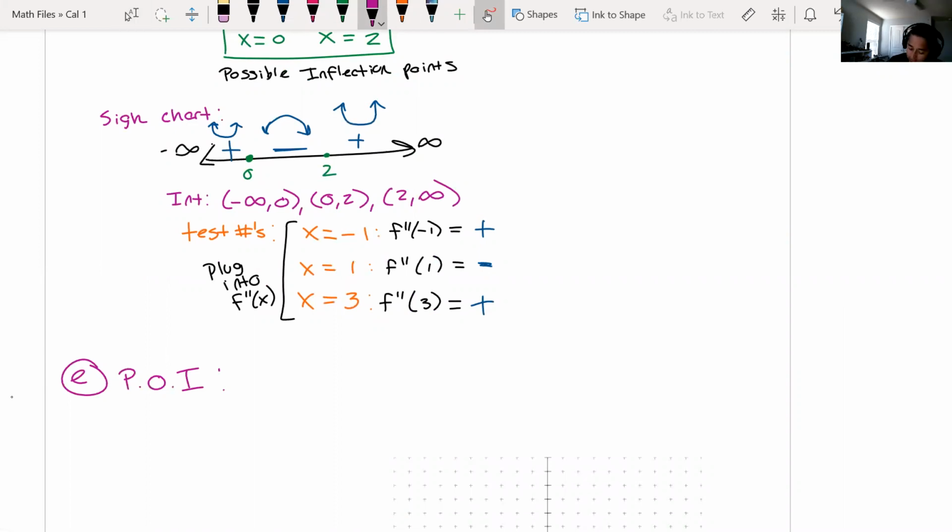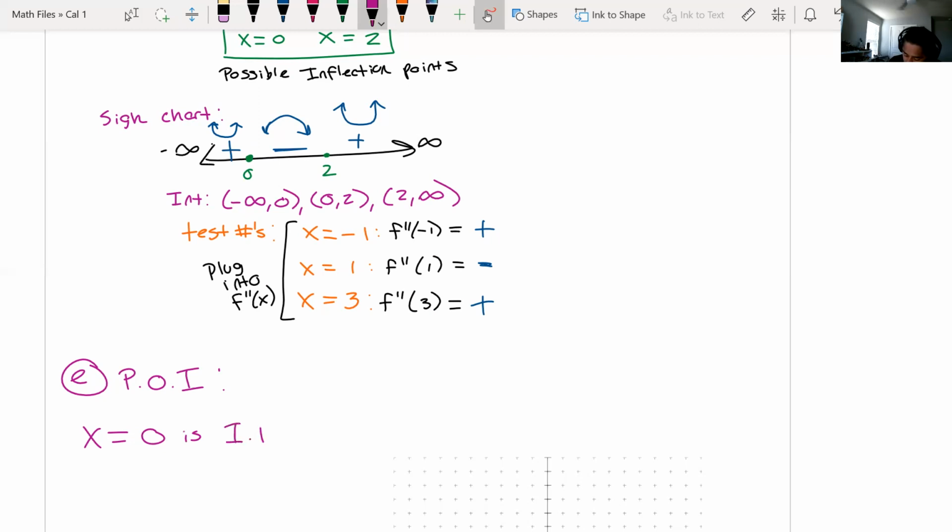Let's look at our first point, x equals 0. We see that the sign changes from positive to negative, and the concavity changes from up to down. Since the sign changes and concavity changes, x equals 0 is an actual inflection point.